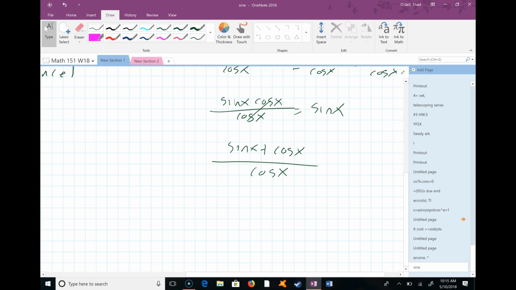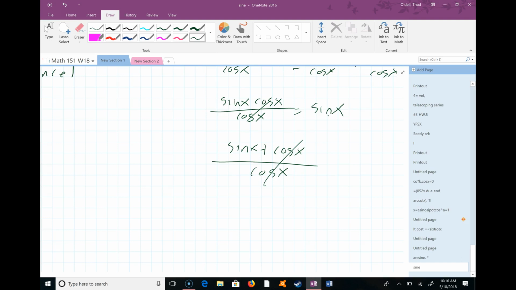That's a temptation for a lot of people because they never learned how to cancel properly. You can separate that into sine x over cosine x plus cosine x over cosine x, like we did up above. What scares me is people just say, oh, it's just sine. That's bad canceling. Or even if you said, oh, it's sine plus 1. Again, that's bad canceling. That's not the way it works.